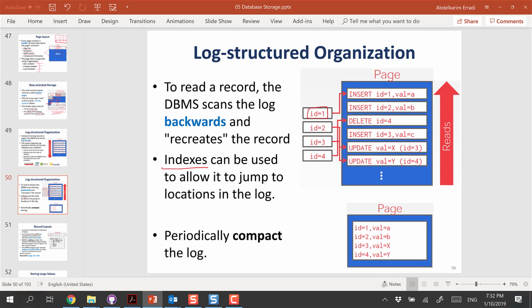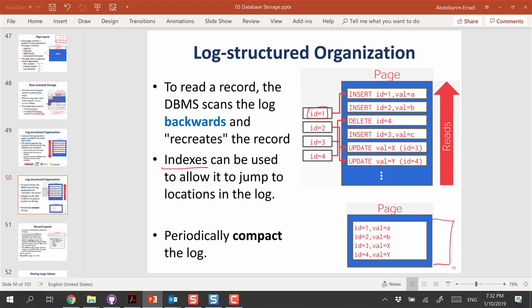So you can jump to them much quicker. Another way to do it is that periodically you can compact the log. You can compact all this and give the final snapshot image. We don't need to keep track of all these logs. At a certain stage, we can truncate all and just give the final values of each of the records.